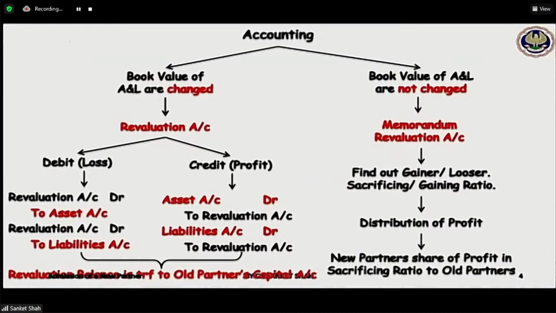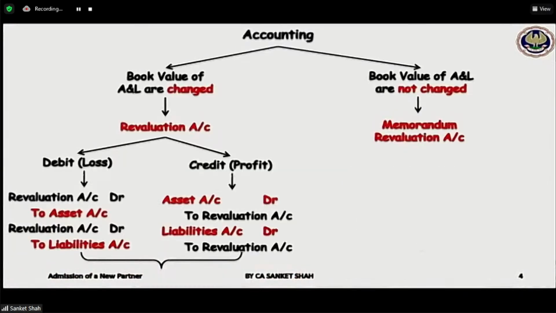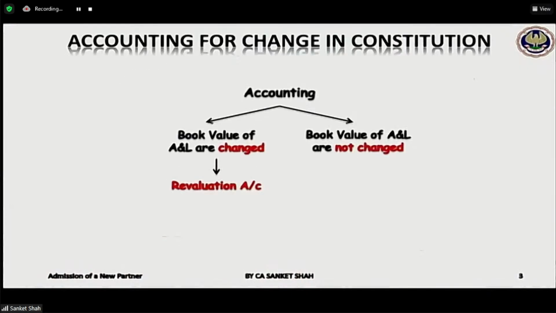And new partner will bring the amount and will be paid to old partners in sacrificing ratio. So revaluation account, old ratio, and memorandum revaluation account, sacrificing. So you can write here only, लिखा है ना, revaluation account, you can give arrow and write old ratio, and memorandum revaluation account, sacrificing ratio.